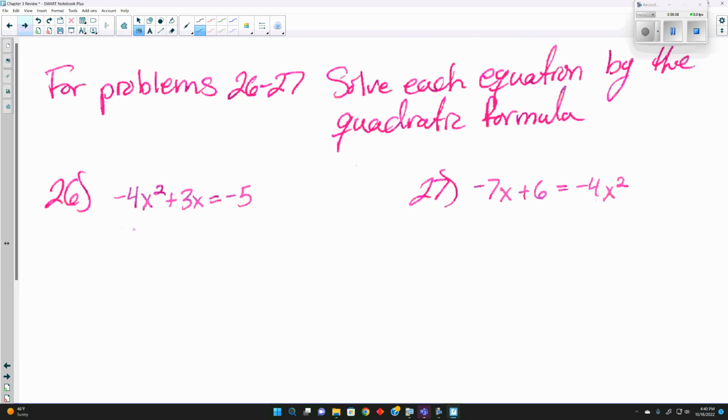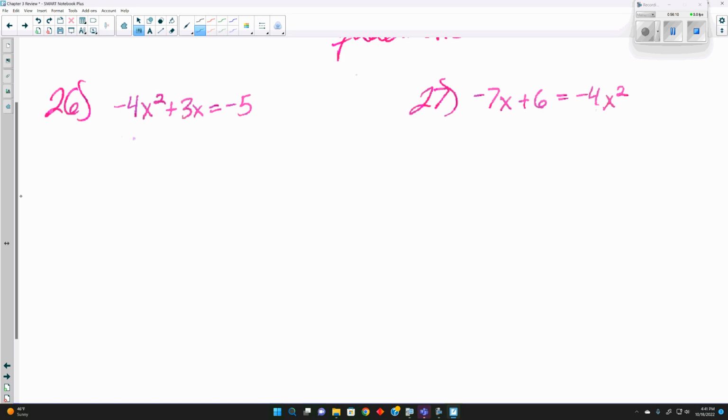Let's look at 26 and 27. Now with the quadratic formula, we're looking at x is equal to negative b plus or minus the square root of b squared minus 4ac all over 2a. And again, when we use this here, we do need it equal to 0, and we can solve it from this here.